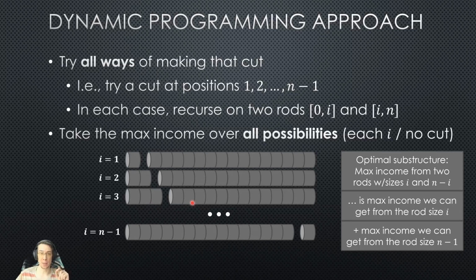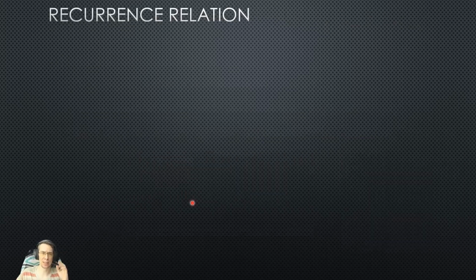So we're saying the best you can do with these two rods is the best you can do with one plus the best you can do with the other. That's optimal substructure. We're able to say the best solution I can have for these two pieces is the best solution I can have for each of them individually. Hopefully that's not too confusing, but at any rate, even if it is, we'll see several more examples of this as we continue to talk about dynamic programming.